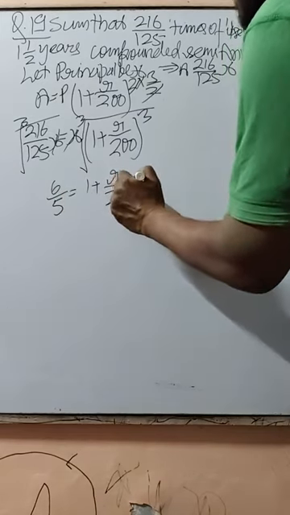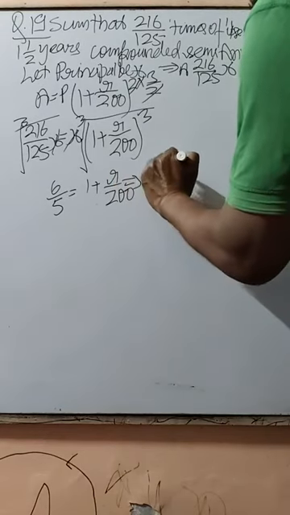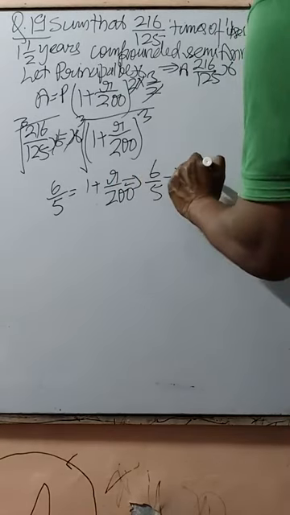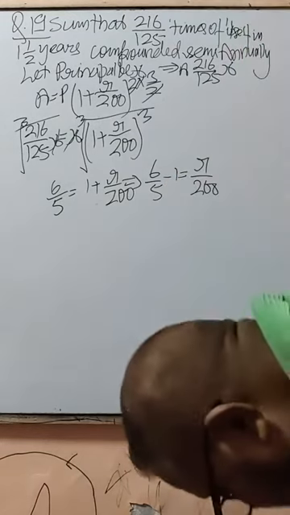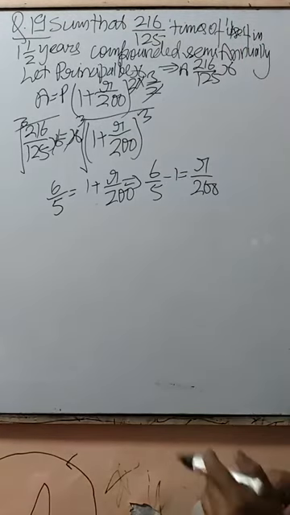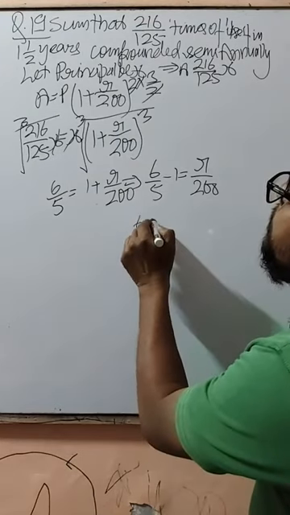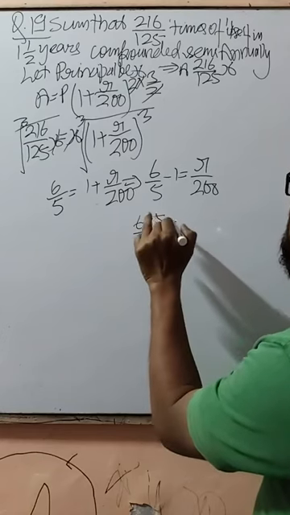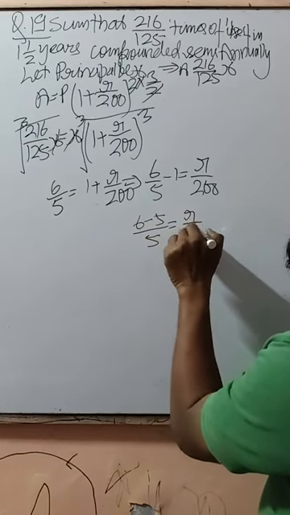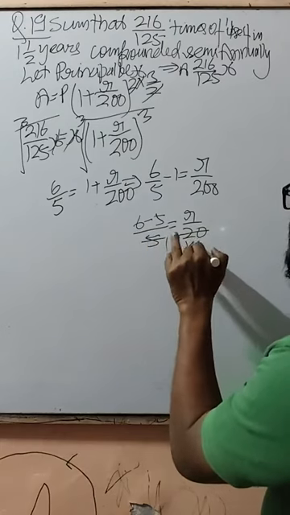This will go on the other side. So 6 upon 5 minus 1 is equal to r upon 200. So it becomes 6 minus 5 upon 5 is equal to r upon 200. So it becomes 40.